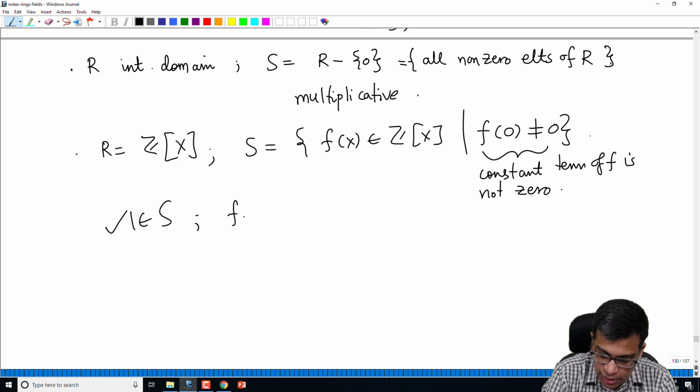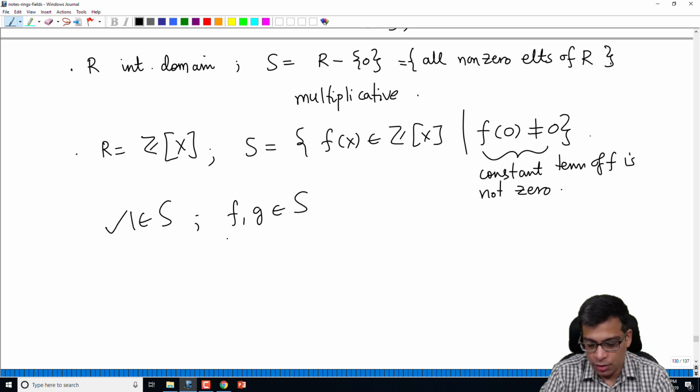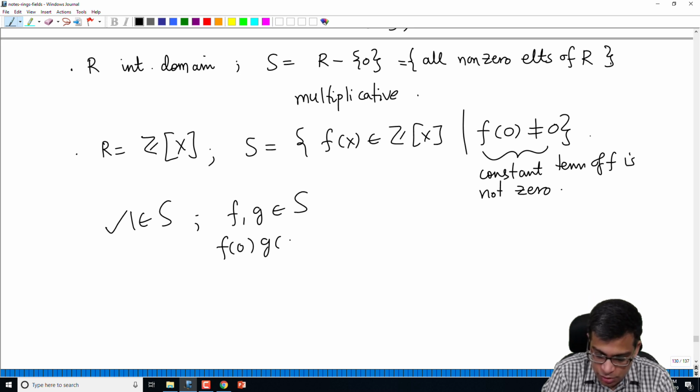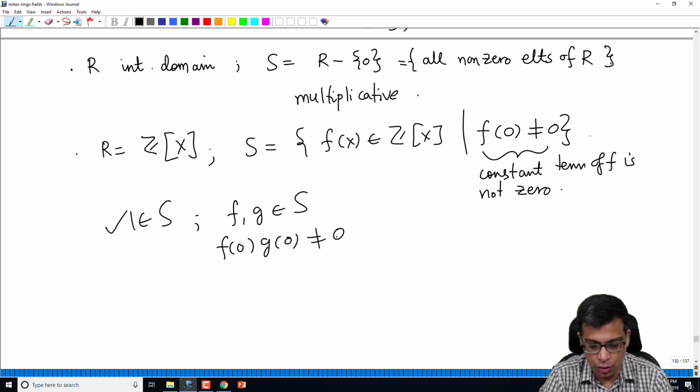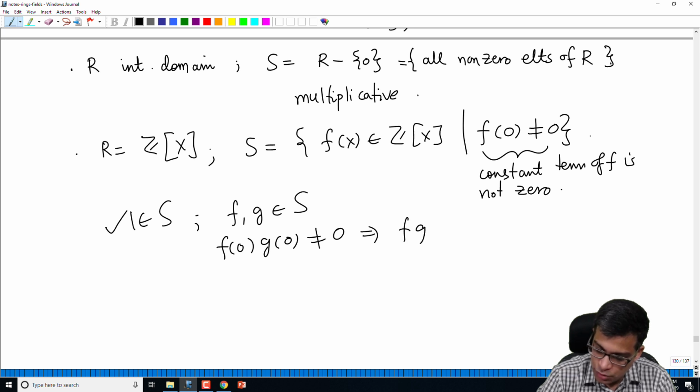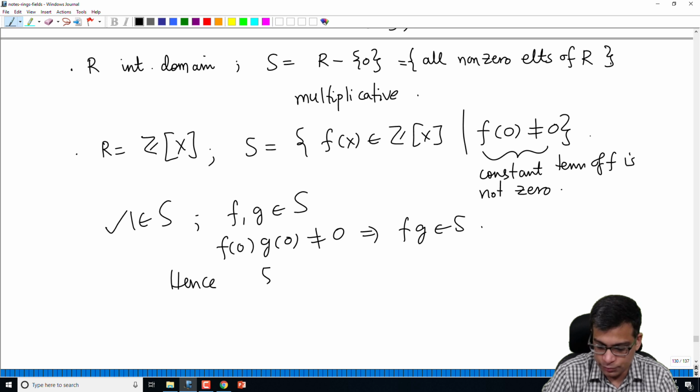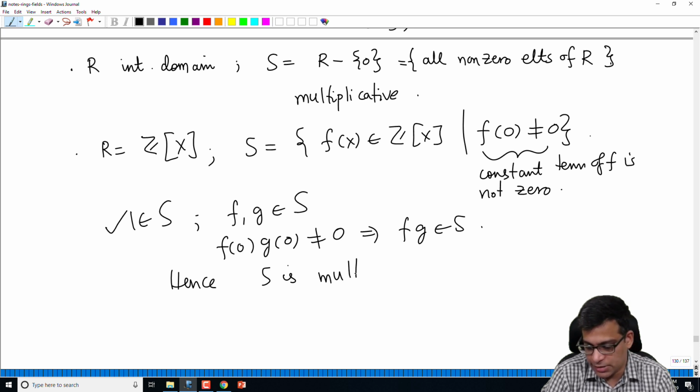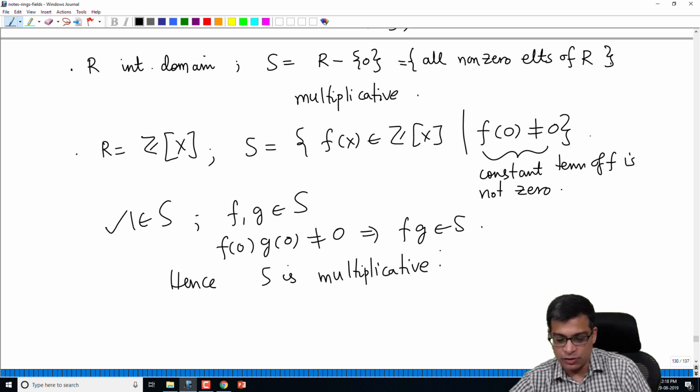If f and g are in S, then f(0) times g(0) is non-zero, because f(0) is a non-zero integer, g(0) is a non-zero integer. That means the constant terms of f and g are non-zero integers, their product is non-zero, so fg is in S. Hence S is multiplicative. So this is another example of a multiplicative set.